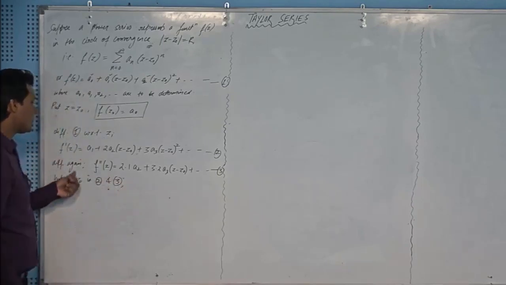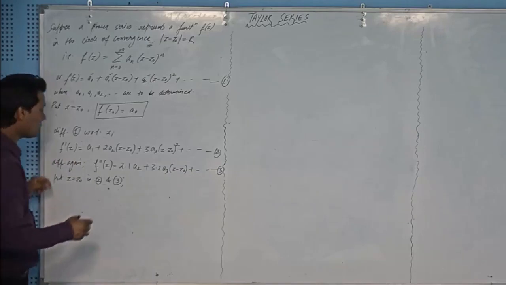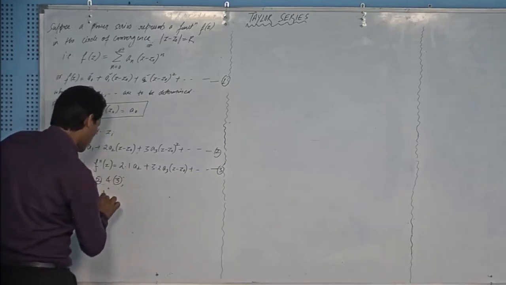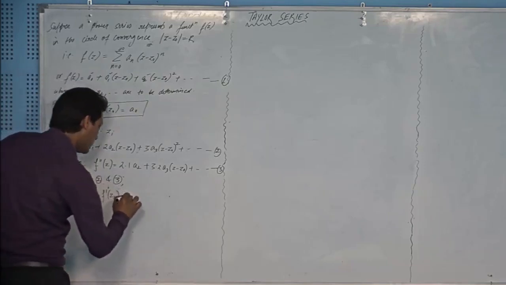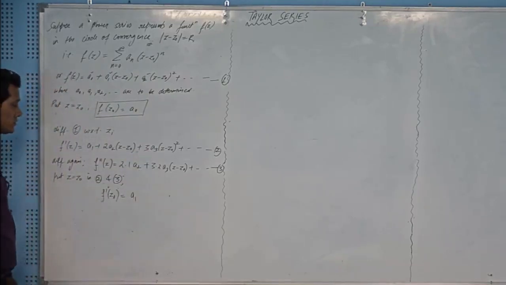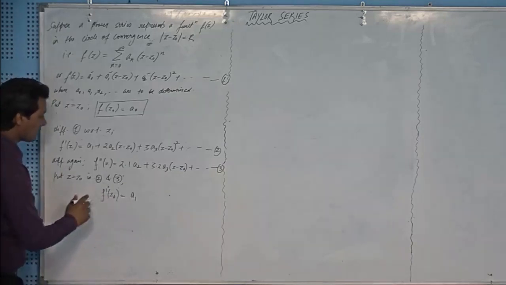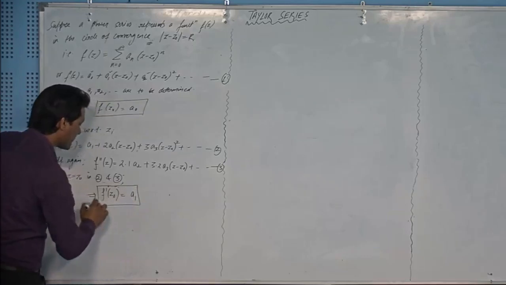If you put z equal to z0 in this equation number 2, you will get f'(z0) equal to a1, and all of these terms will be 0, right? So ultimately a1 is equal to f'(z0).